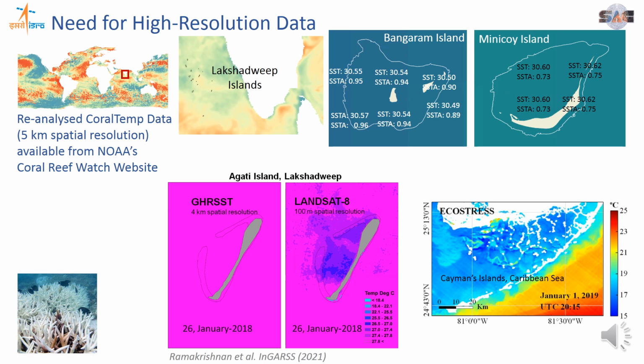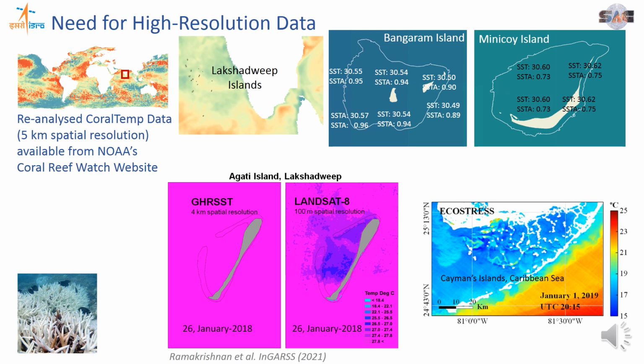And in this case, one very welcome solution to our problem with OISST data, which is currently at a very coarse resolution of 27 or 28 kilometers, can be to use the reanalyzed CoralTemp data, which comes at a 5 kilometer spatial resolution from NOAA's Coral Reef Watch website. Here we have put two examples, Bangaram and Minicoy Island from Lakshadweep, where we can see that there are subtle variations in terms of either SST or SST anomaly, if we look into the cluster of pixels that each island is hosting.